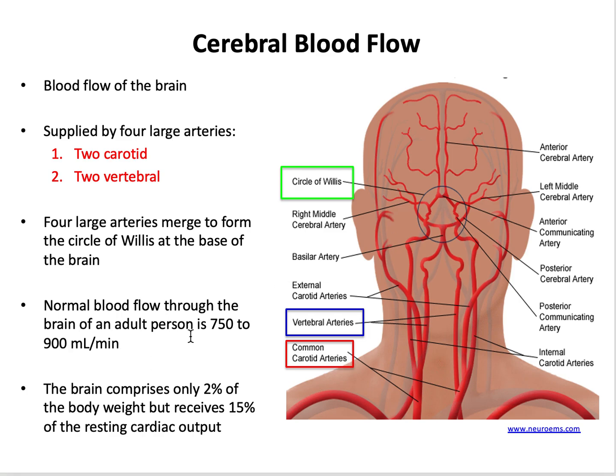Now, normal blood flow, I'm not going to ask you to remember values here. I just want you to get an idea of how important cerebral blood flow is. Normal blood flow under resting conditions to the brain of an adult individual is 750 to 900 mils per minute. Now, to give you something to compare that to, at rest, skeletal muscle blood flow may be 1 to 4 milliliters per minute.